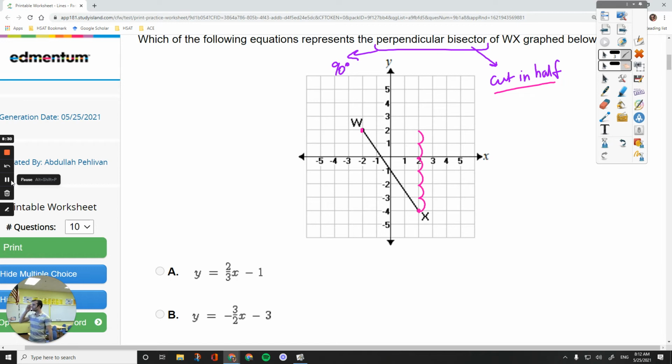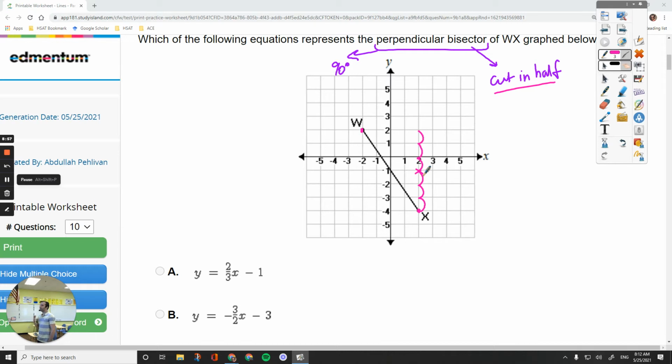So if I divide 6 by 2, it gives me 3 units. So basically, the midpoint is going to be 3 units away from either one of these points. From X, if I count 1, 2, 3, it's at this level right there.